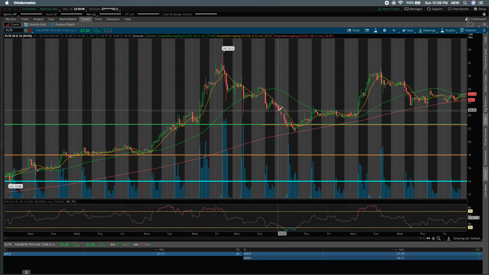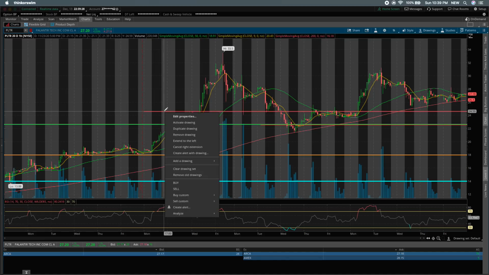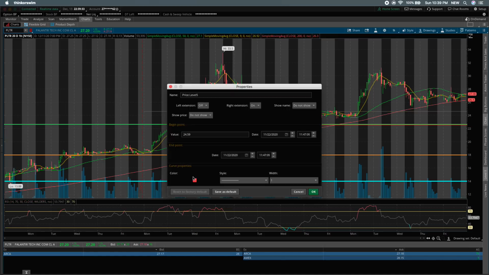Once we started covering the stock on the way back down, we had an indecision candle before ultimately kind of breaking below that support line, and then used this $24.60 level as resistance multiple times throughout the next couple of trading days before ultimately spiking above it again. So I feel like this is a pretty strong support and resistance line, and we're going to go ahead and edit this one to be the yellow line as it has been in previous videos.